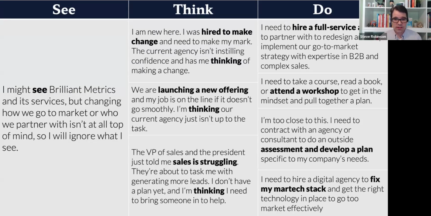So looking at the whole journey, it looks like this. See state, there isn't more than one see state. They're not thinking about an agency at this point. Think state, we're looking at the individual problem or context, the opportunity that the individual is in. And do state, we're looking at what they want to buy and how they've labeled it, right?